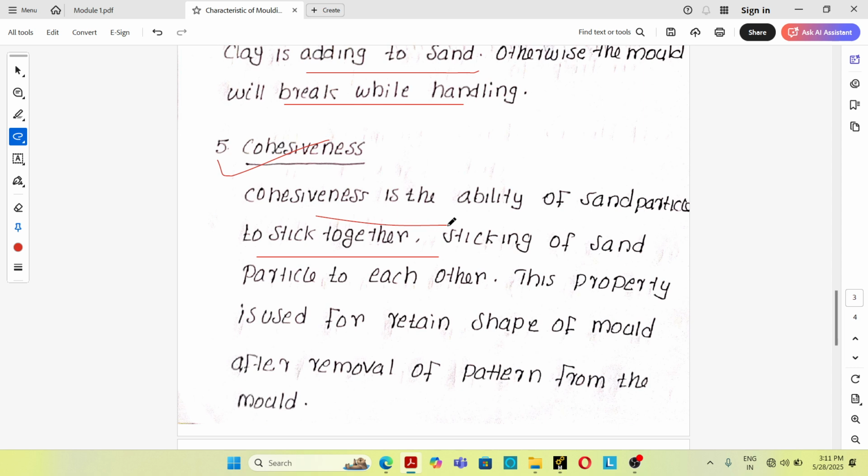If cohesiveness is low, there is a chance that while removing the pattern, the cavity will collapse or be damaged.